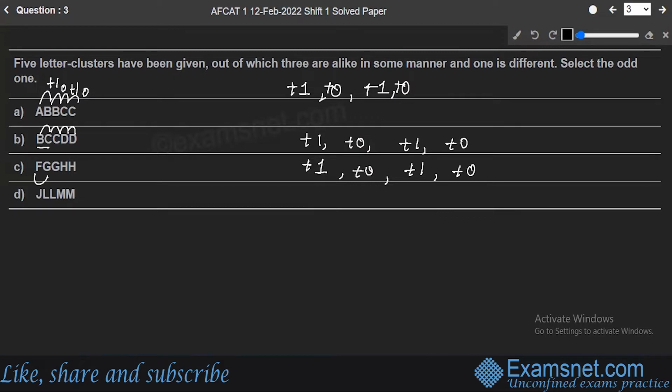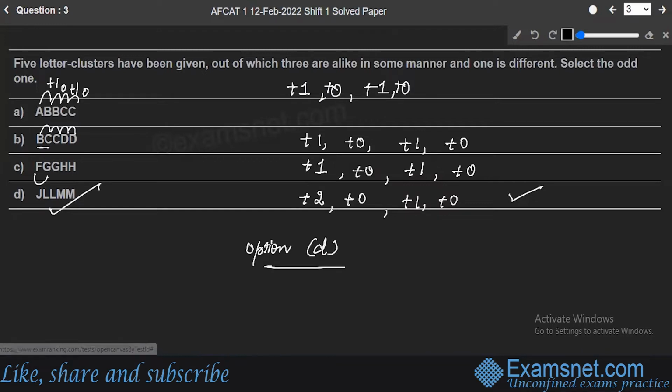So JL here becomes +2. It's JKL, that means I'm moving 2 steps. And LL is +0, LM +1, +0. So clearly this is the odd one out. Option D is the odd one out over here. Hope this is clear. Let's move to the next question.